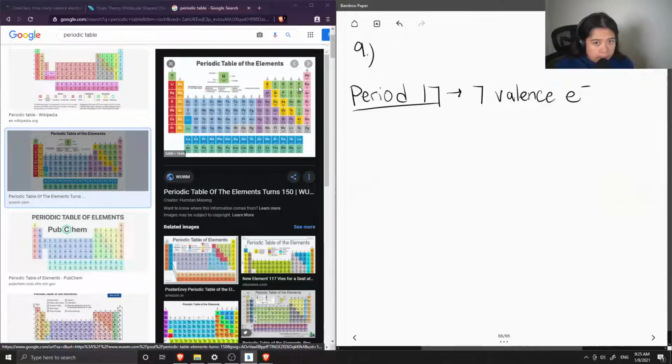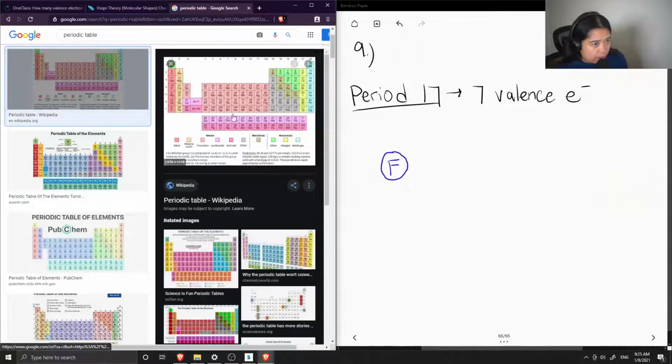Okay, so I can draw out an example of fluorine versus chlorine. So when we have a fluorine atom, if we find it on the periodic table, it has an atomic number of 9.